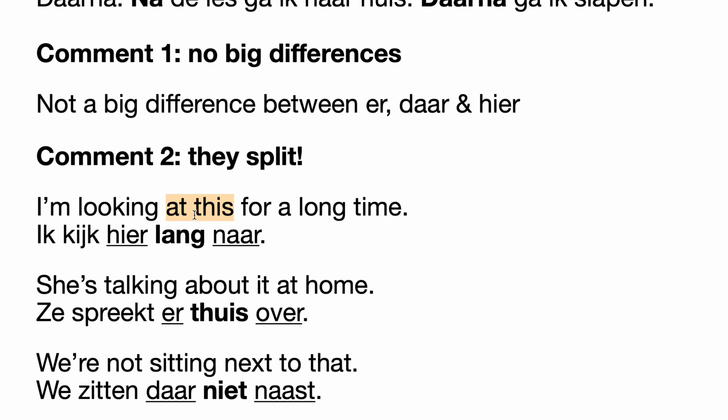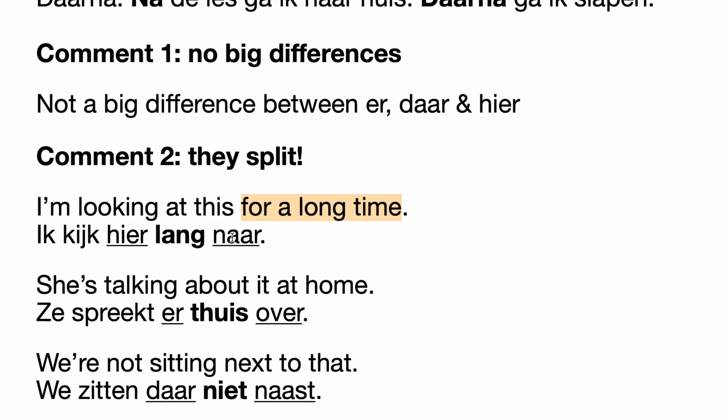However, if you're using other words after this, at this, here for a long time, in Dutch it's a little simpler, it's just lang. For a long time means lang. If you're using some other words here, you will have to put them between the hier and the naar. Oh my god, this is complicated.